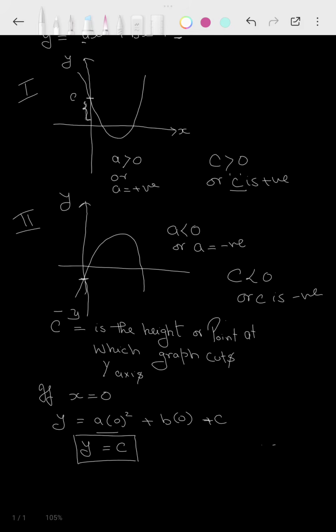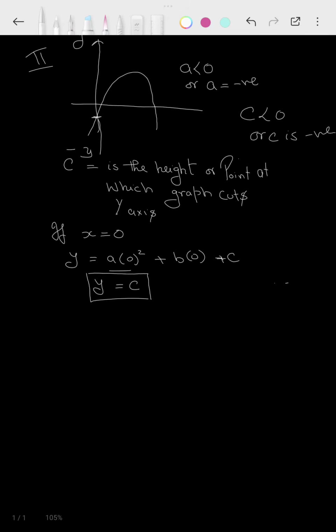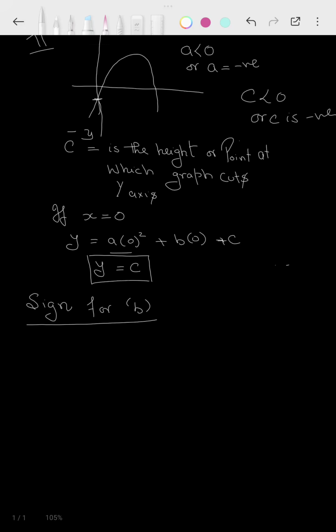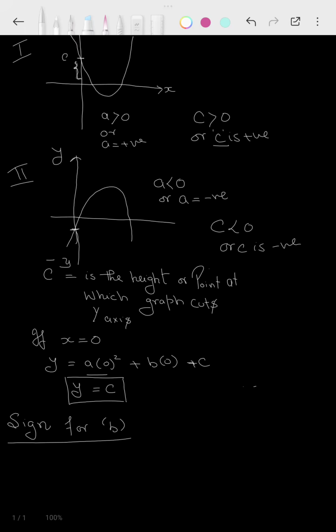Now we will see the rule to find the sign of B. So this has to be understood a bit clearly. See, the vertex is the lowest point of the graph, or the highest point of the graph.